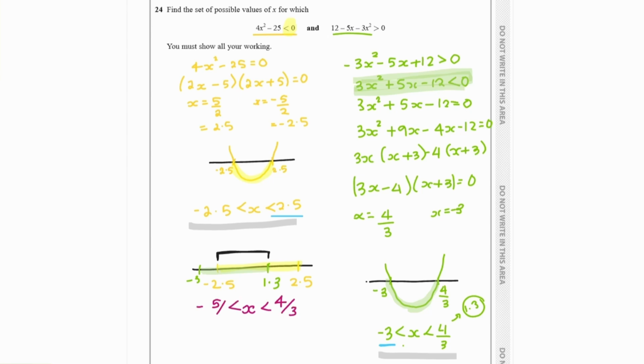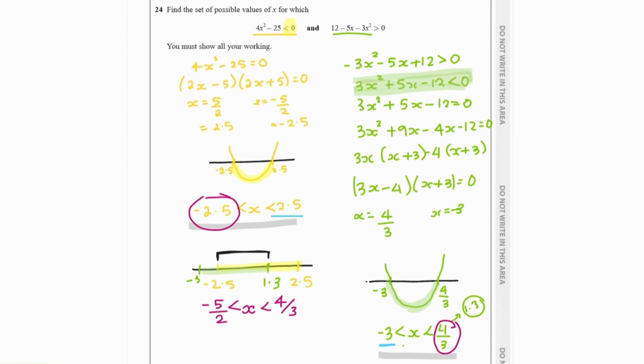And we can rewrite this now as a fraction instead of 1.3. And for the minus 2.5, we can also put it as minus 5 over 2. So we have used the minus 2.5 from the first inequality and the 4 over 3 from the second inequality, because this is where the overlap begins and ends. So our final answer will be minus 5 over 2 is less than x, which is less than 4 over 3.